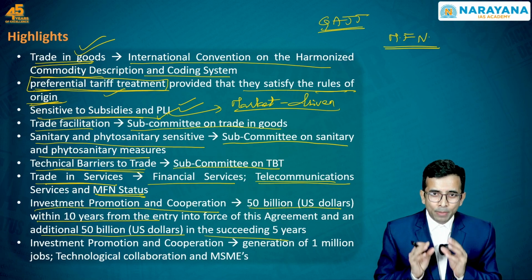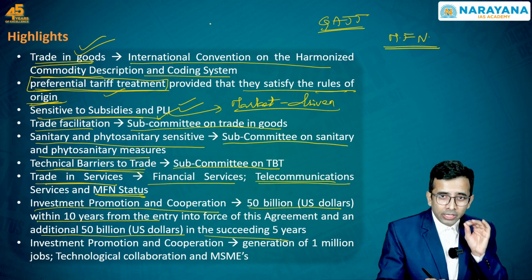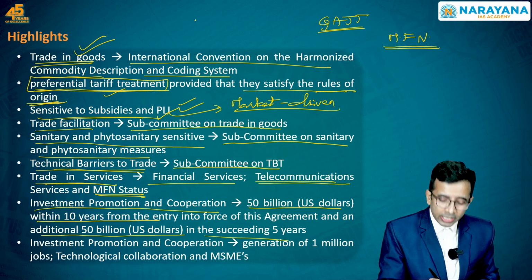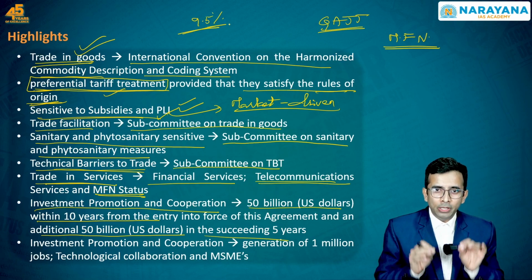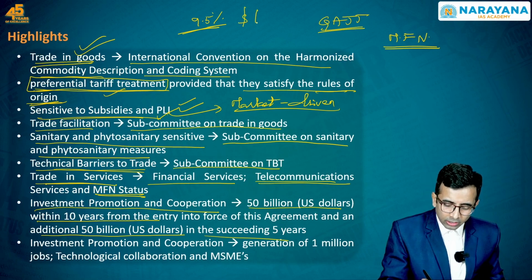Now, what is the basis for this? The basis for this is that the India EFTA free trade agreement has recognized that for the last 2 decades, India has witnessed a nominal GDP growth rate of 9.5% in dollar terms. I repeat, in dollar terms.